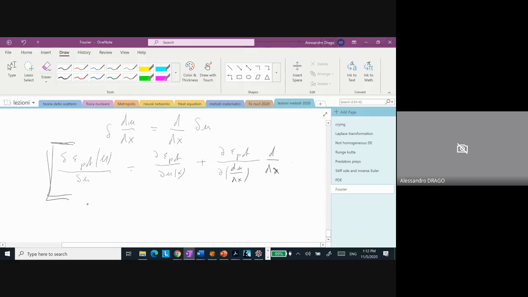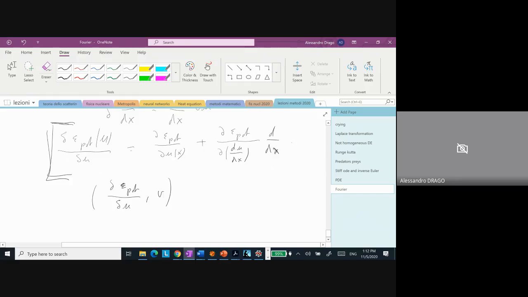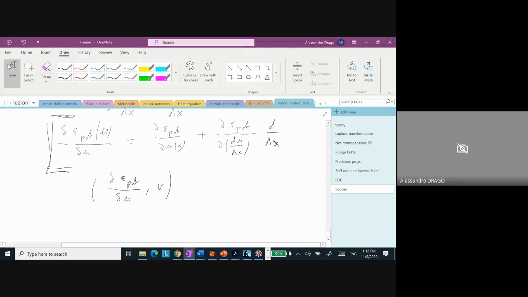Let me introduce the scalar product of this variational derivative of potential energy with a v of x. So what happens if I do that?